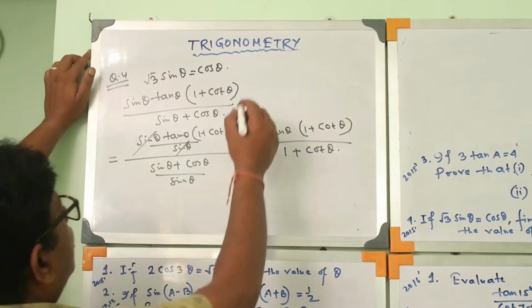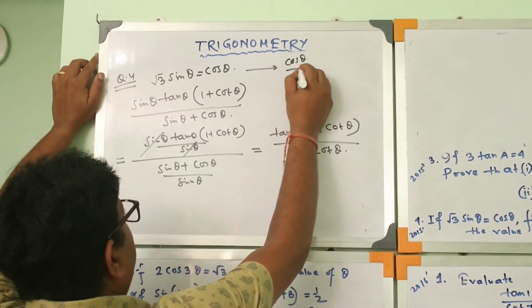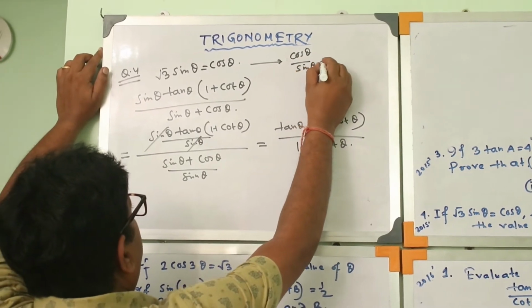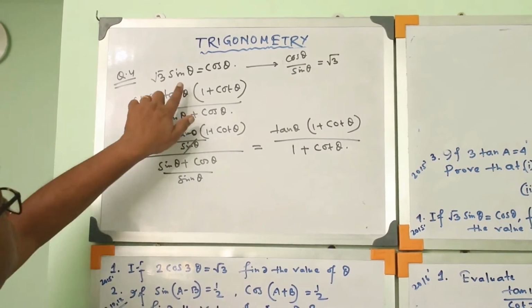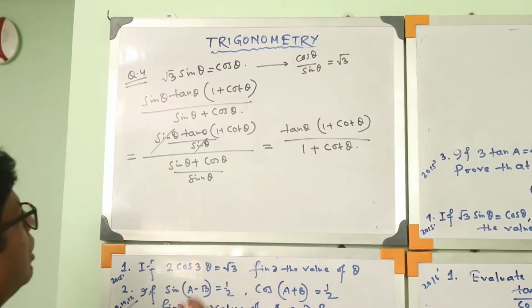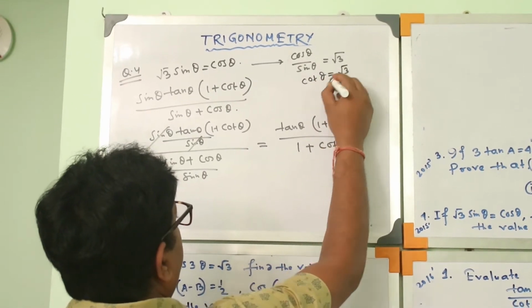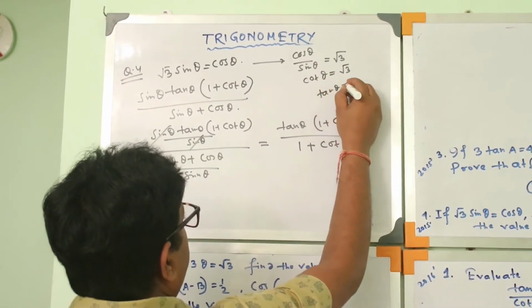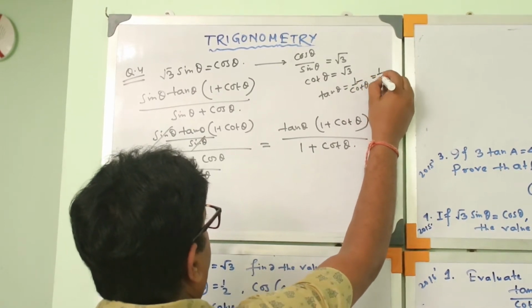So from the first equation we will get cos theta by sin theta is equal to root 3. That means cot theta is equal to root 3, and tan theta, which is the reciprocal of cot theta, is equal to 1 by root 3.